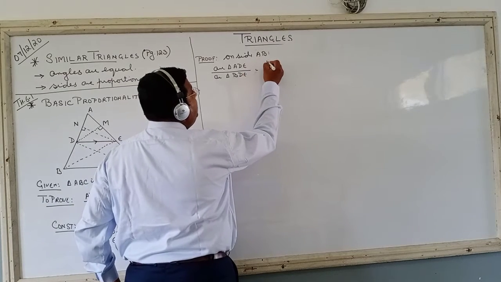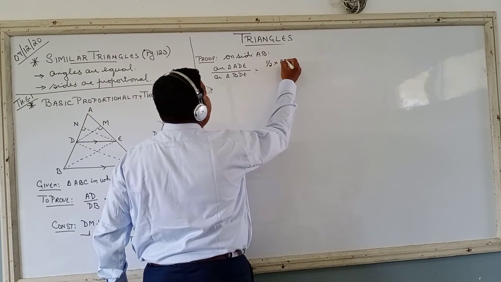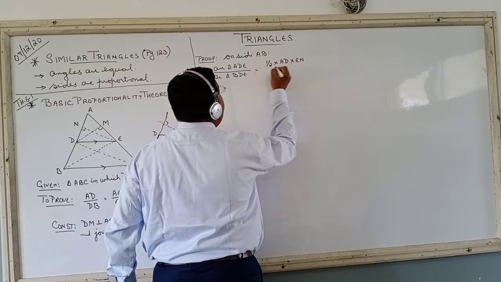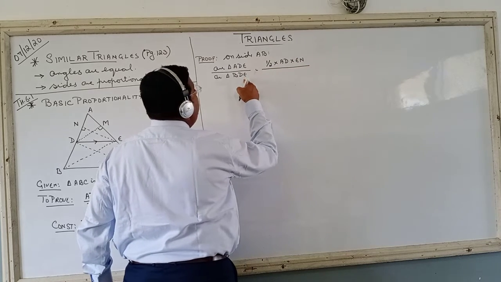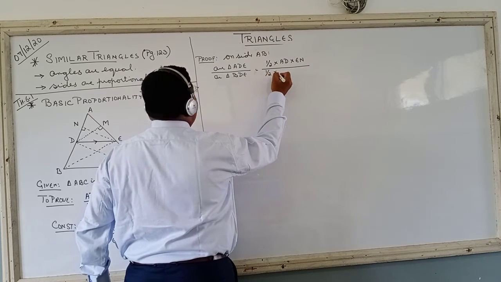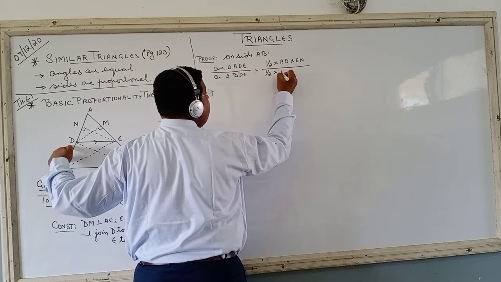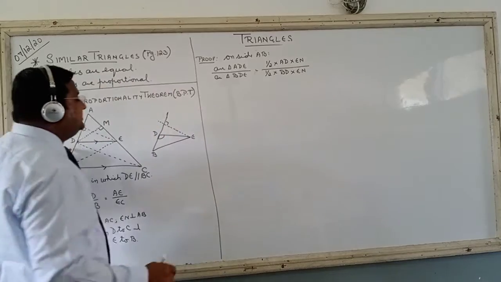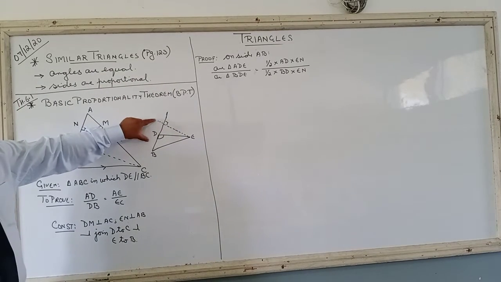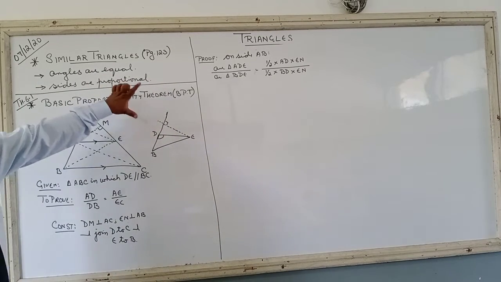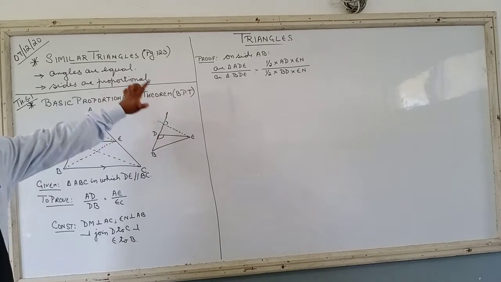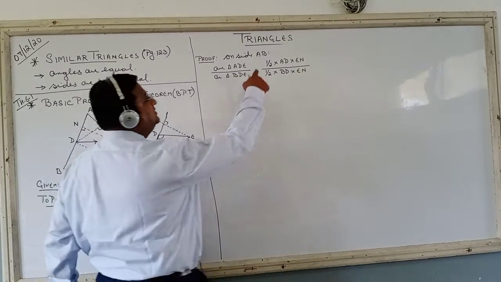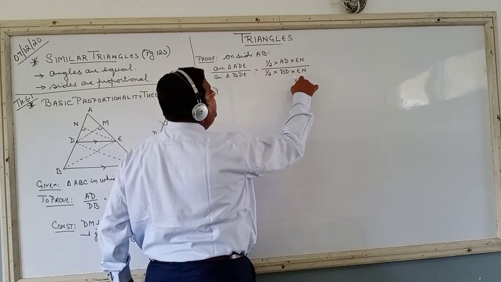So area of ADE is half into base AD into height EN, upon area of triangle BDE, half into base BD into height, which remains the same. As I showed over here, the height remains the same. Height does not change. Clear? So half and half cancel, EN and EN cancel.